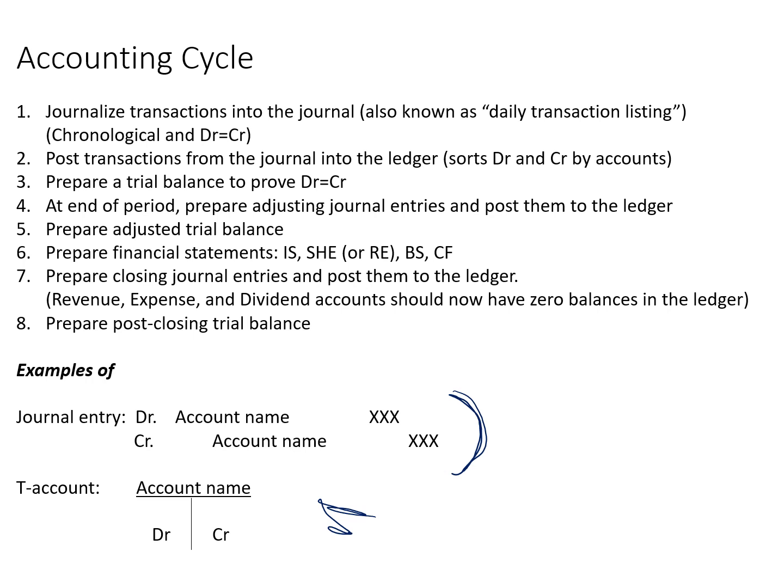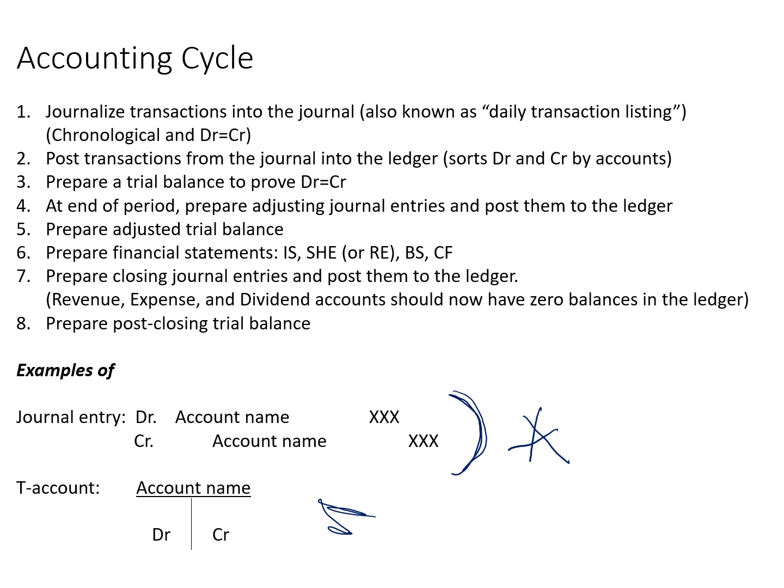Debits equal credits. What I give you at the bottom here is the format of a good journal entry that you would make in the journal. Notice that the debits always go first and the credits go second. So for example, if I said, well, I went to the store and I bought breakfast this morning, so I would debit food expense and I would credit accounts payable because I used my credit card.